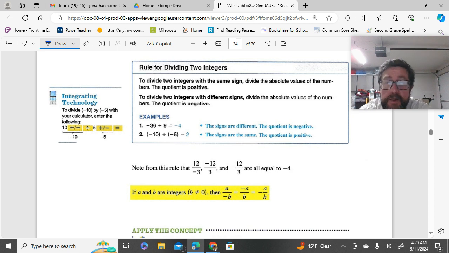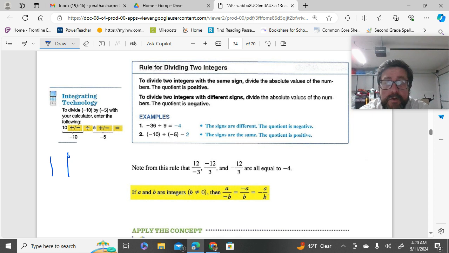Rules for dividing two integers. To divide two integers with the same sign, divide the absolute value of the numbers.